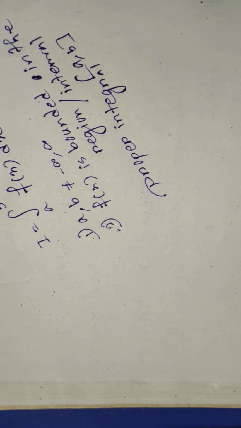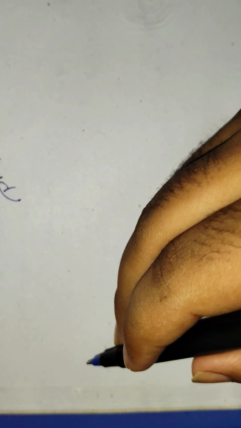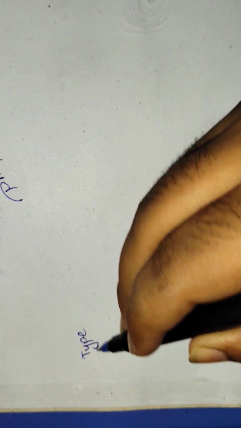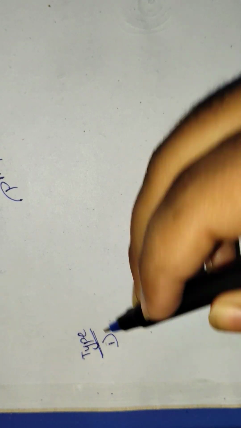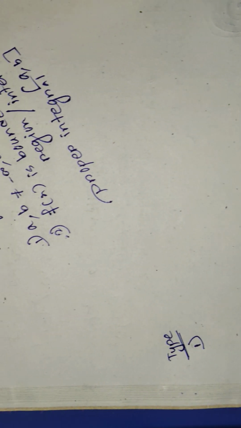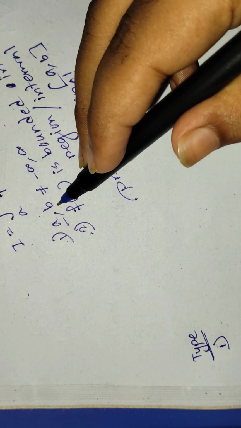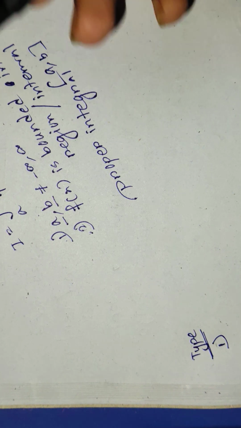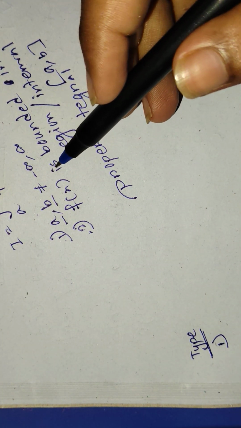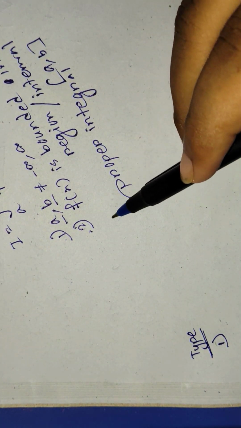First of all, we will talk about the type 1 improper integral. Remember, type 1 is where we deal with the first case, where maybe the lower limit is minus infinity or the upper limit is positive infinity.